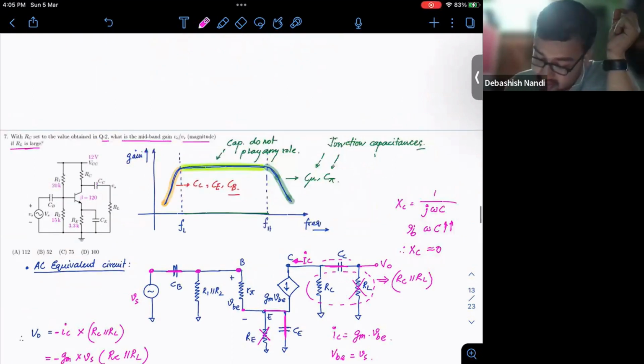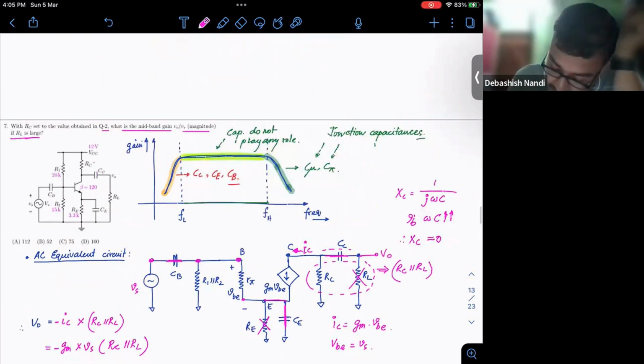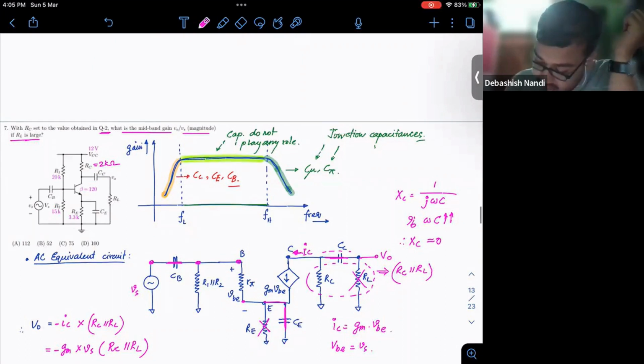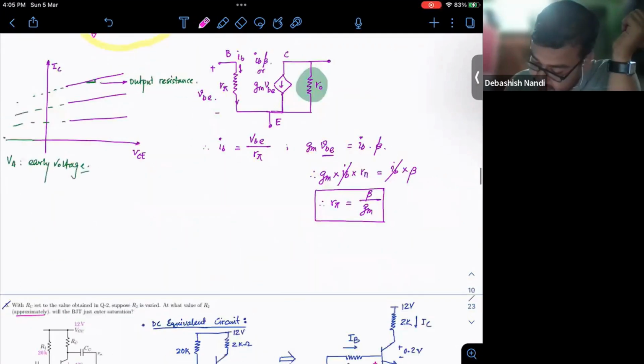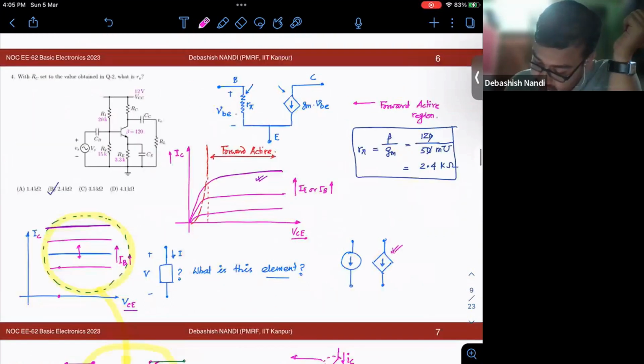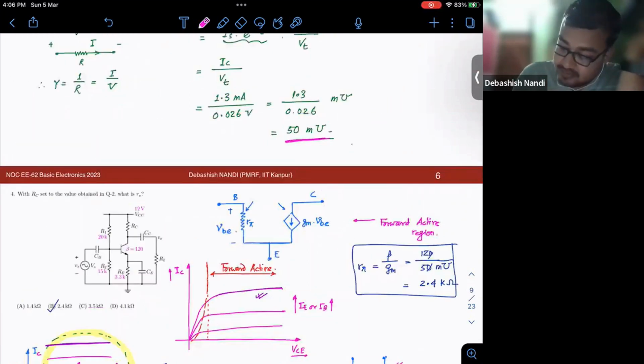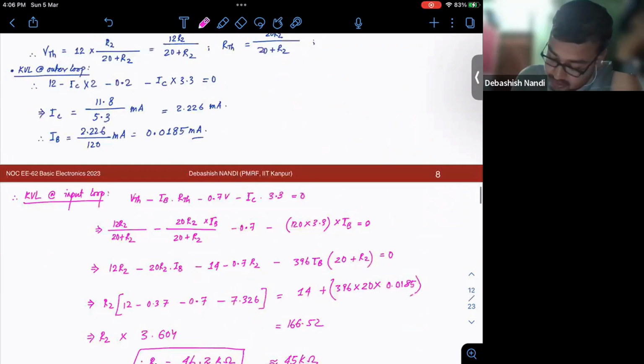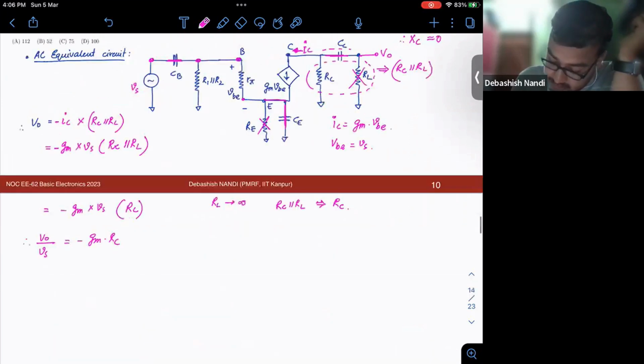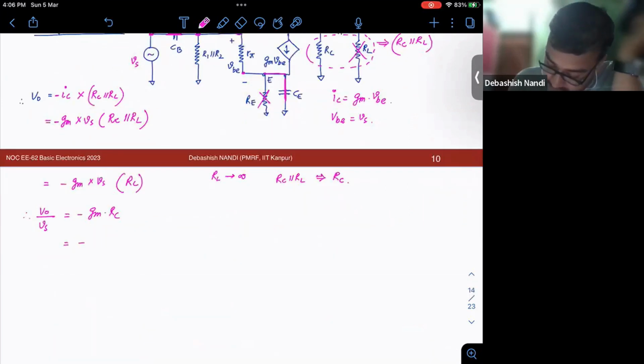Now the question: RC, I know RC is nothing but 2K. In Q2 we have found out it is to be 2K. And Gm, what was Gm? Gm was 50 millisiemens, right? So my Gm is 50 times 10 raised to minus 3, into my RC, which is 2 kilo ohm.